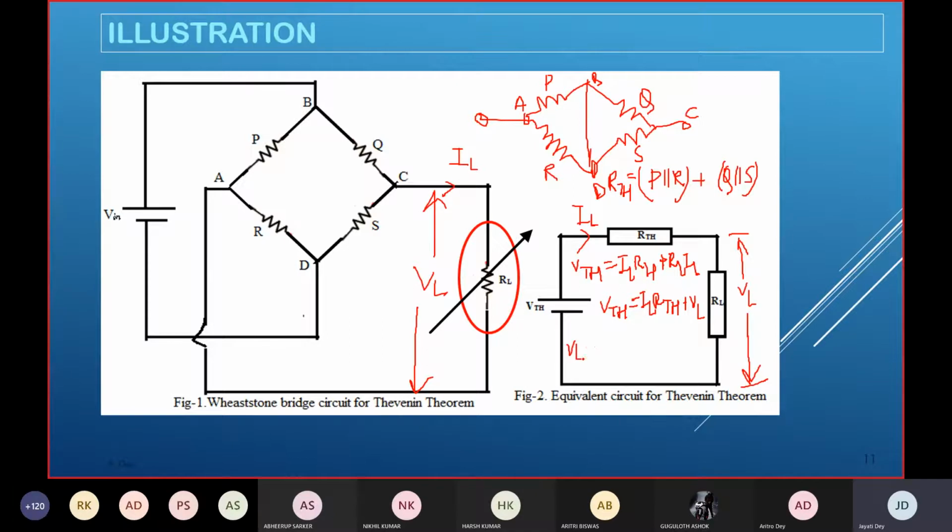Or VL is equal to minus RThevenin IL plus VThevenin. Am I correct? Yes, ma'am. Isn't it? Acha. Remember this equation.